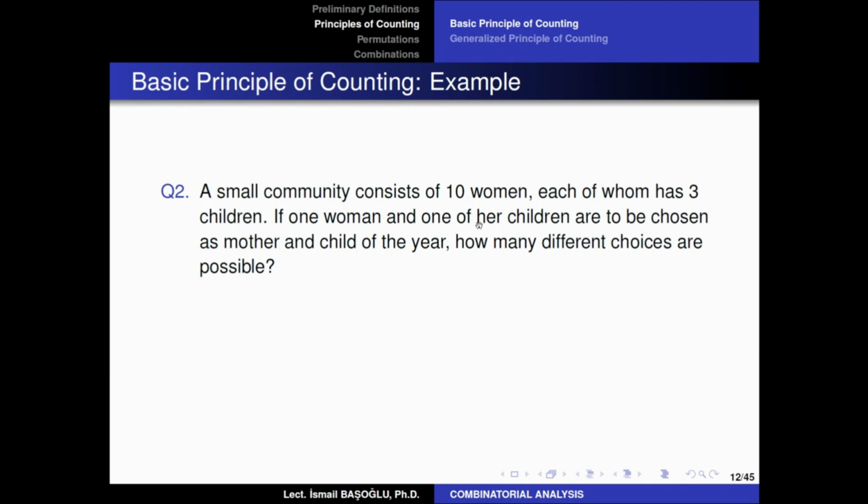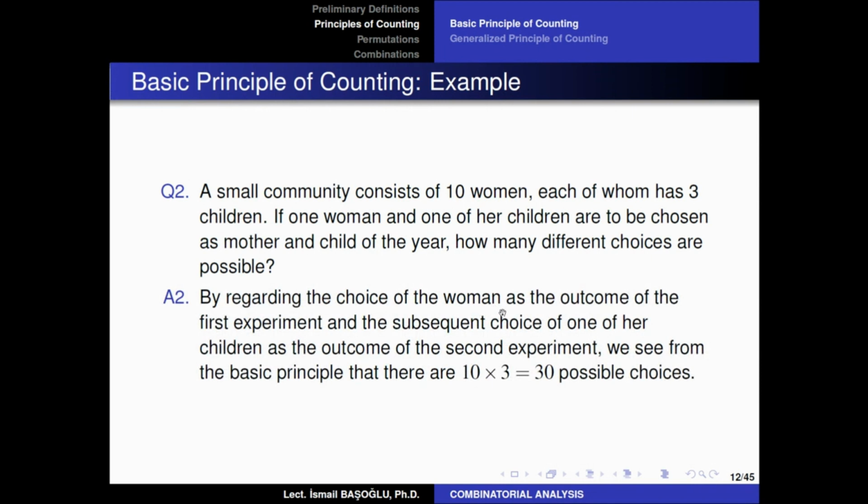My first experiment is to select the mother among these 10 women. Then after selecting the mother, I'm going to select the child as a second experiment. The selection of the mother is the first experiment, and how many possible outcomes do we have for the first experiment? There are 10 possible choices that I make. So there are 10 possible outcomes for the first experiment, and after selecting the mother, of course I will only have 3 possible choices to select the child, because that selected mother has 3 children.